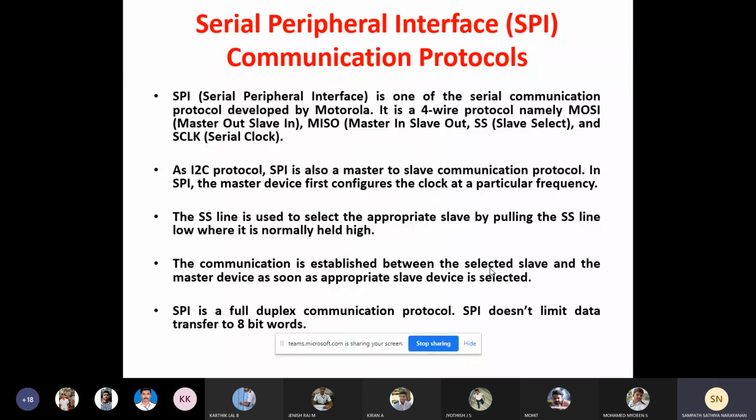The master device first configures the clock. After the master device configures the clock at a particular frequency, each slave device will have a slave select line, and accordingly the slave select is given an active low state. Then only communication can be established between the master and the slave device.